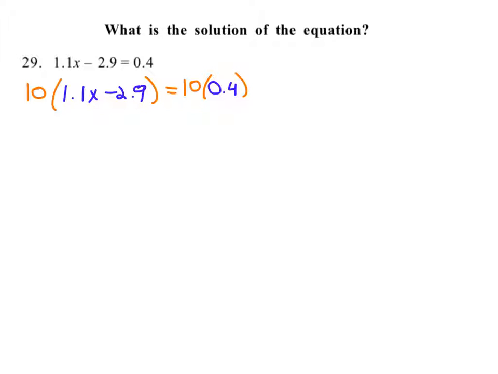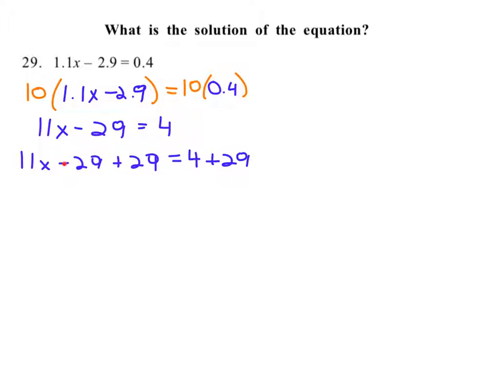Okay, so what do we get? 10 times 1.1x is 11x, minus 2.9 times 10 is 29, equals 10 times 0.4 is 4. And now we say, okay, let's add 29 to both sides, so 11x minus 29 plus 29 equals 4 plus 29.